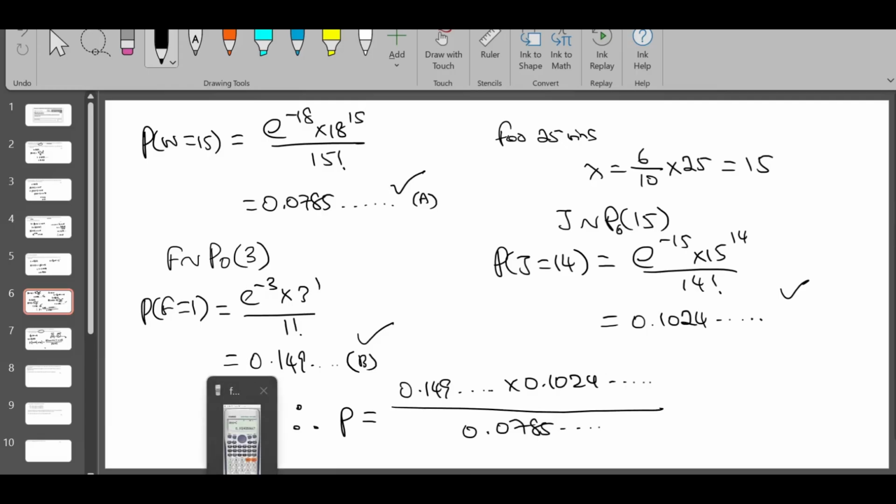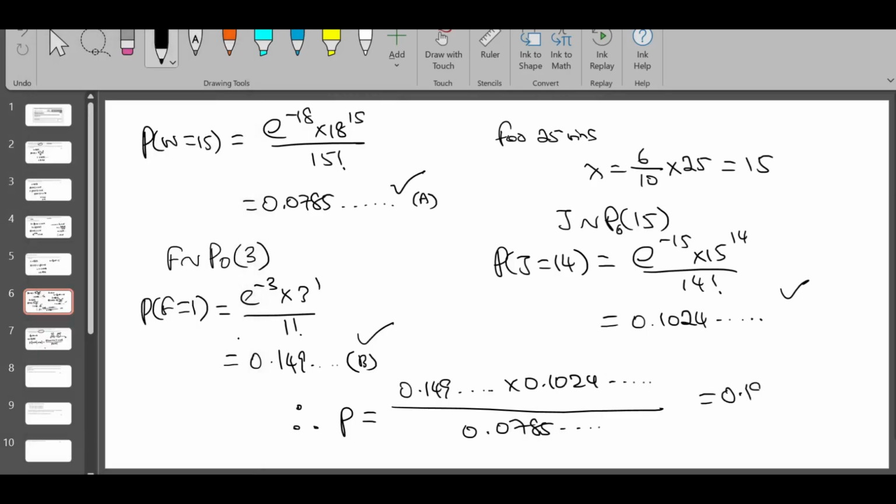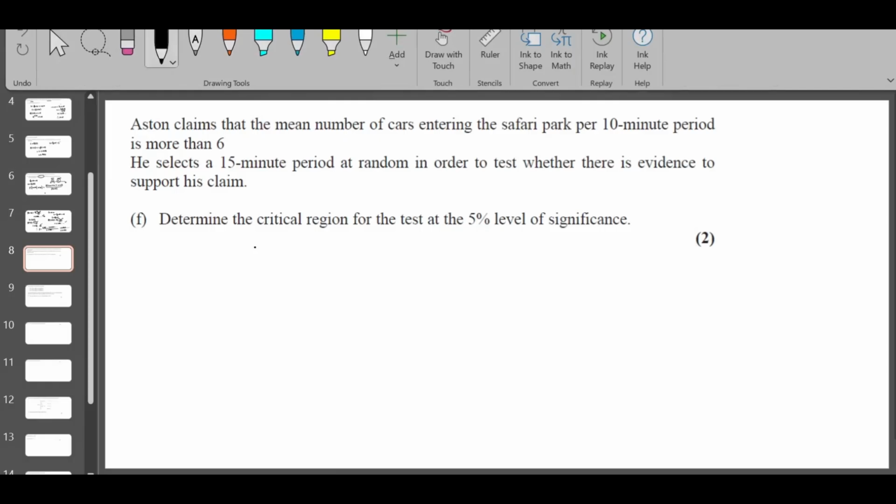But in the calculator it's very easy. You can just write B times C over A. The final answer is 0.1947, which is 0.195. That's the answer.